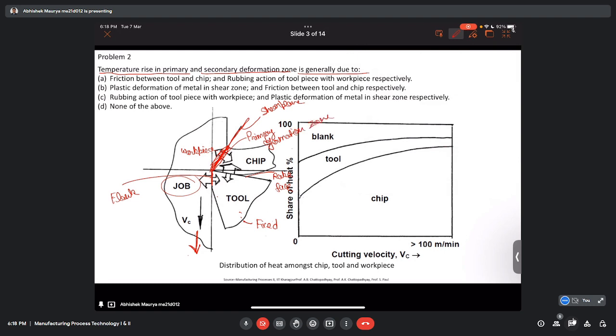And here, this is the region where the chip and the rake face of the tool come in contact. So it is the secondary deformation zone. And the last one, the flank and the workpiece, is the tertiary deformation zone.